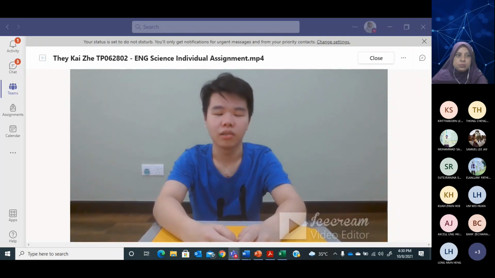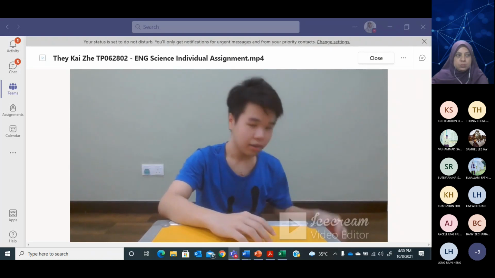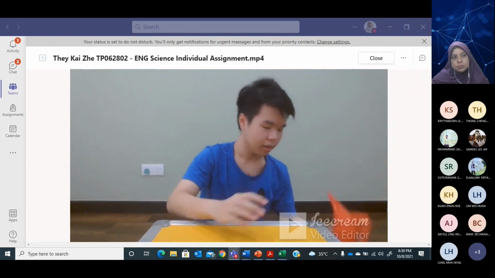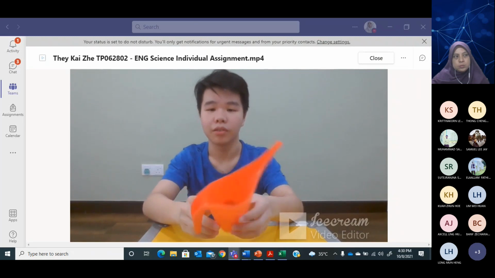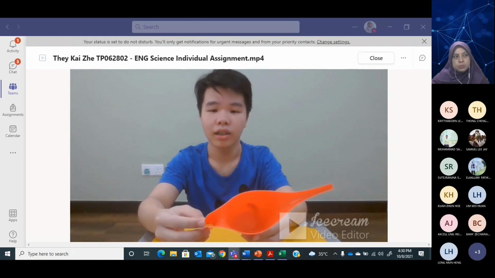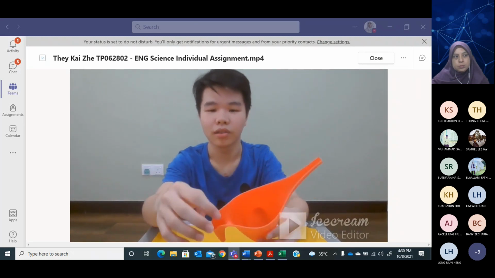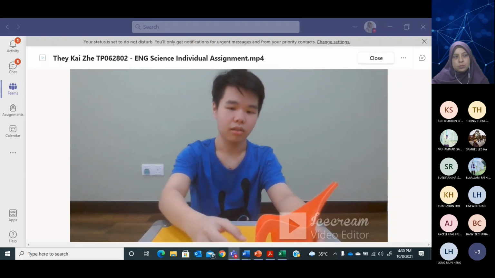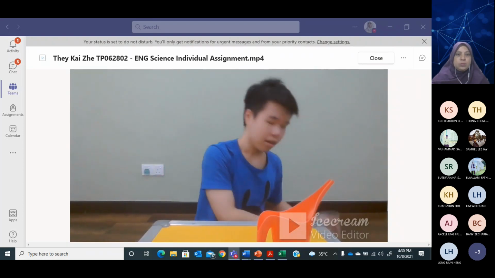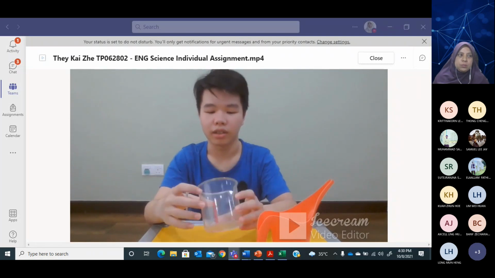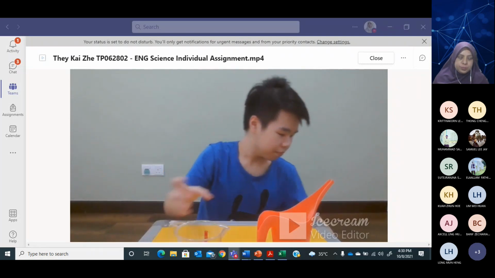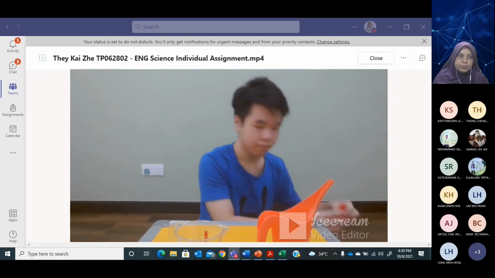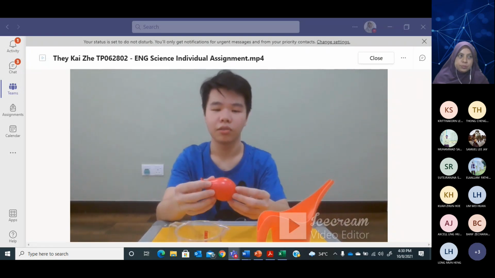And next, for the model, we have the same rock, a watering cup with a hole here, and when it overflows, the water will flow into the hole. And next, we have the same measuring cup and a water-filled balloon.